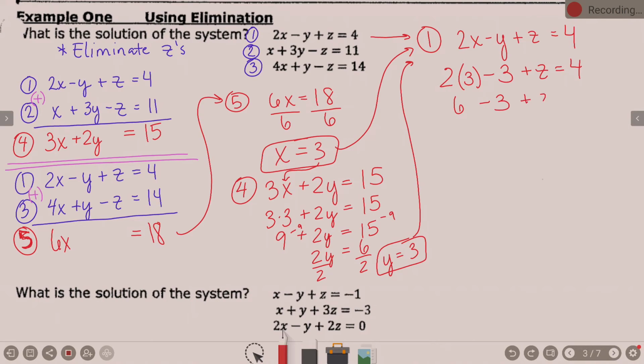Minus 3 plus z equals 4. 6 minus 3 is 3 plus z equals 4. And if it's 3 plus z, subtract 3. 4 minus 3 is 1. Z is 1.